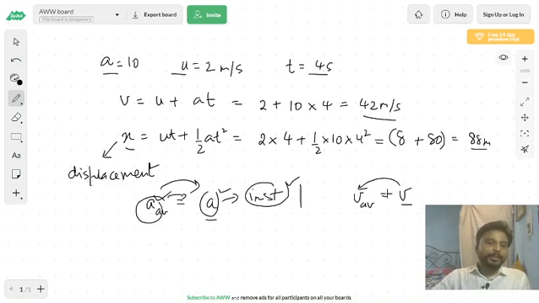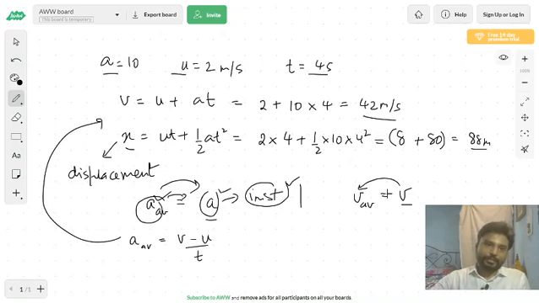If you remember the expression for average acceleration, it is defined as final velocity minus initial velocity upon time, which is the same as v equal to u plus at. That means it is made for the conditions when average acceleration and instantaneous acceleration are the same, which is the case for uniform acceleration.